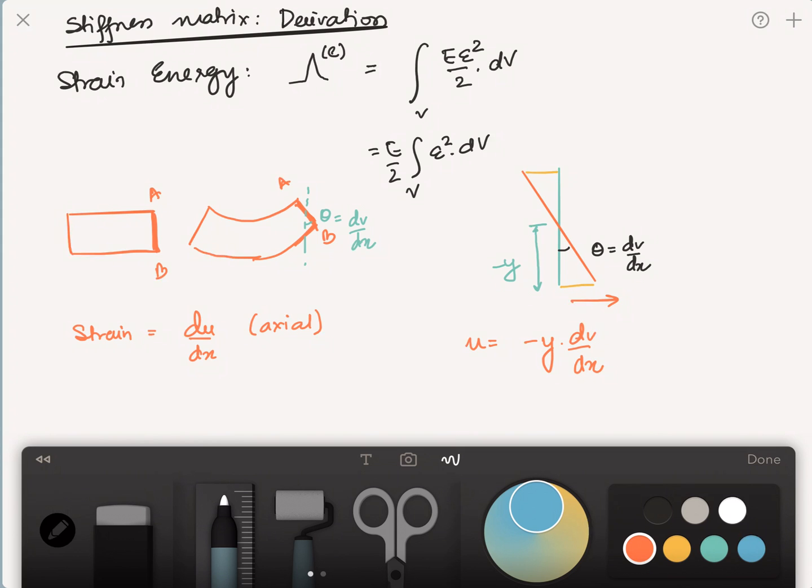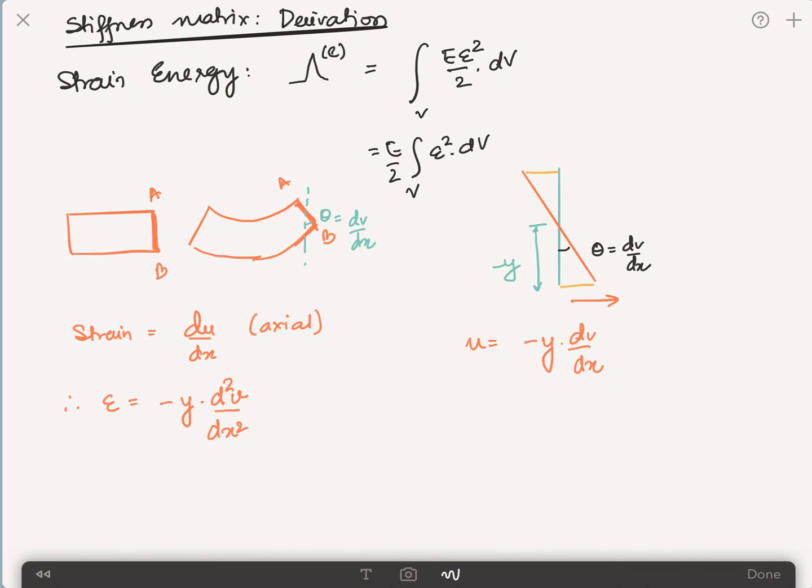So you have u is equal to minus y dv dx. Therefore, the strain is given as minus y d square v dx square. So now we have the derivation of the strain for our given problem.